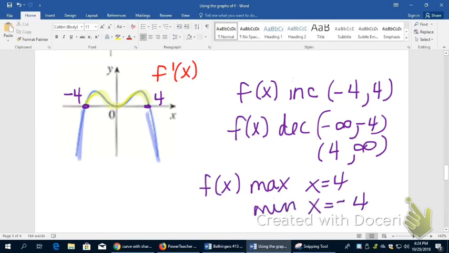And the way that I can tell that is because remember that the graph is going from negative to positive, or decreasing to increasing, so that makes that be a min, and then increasing to decreasing makes that be a max. Here at 0, even though the derivative is 0 at 0, that does not give us a max or a min. It just really doesn't give us anything, so we don't talk about what's going on at 0.